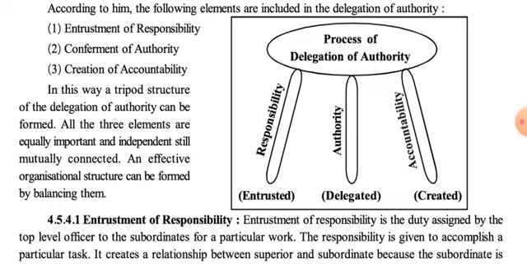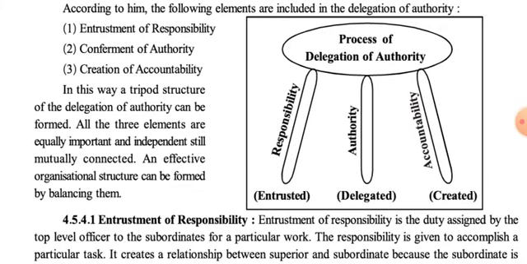According to Louis Allen, the following elements are included in the delegation of authority. The first one is the entrustment of responsibility. Second one is conferment of authority. And the third one is creation of accountability.